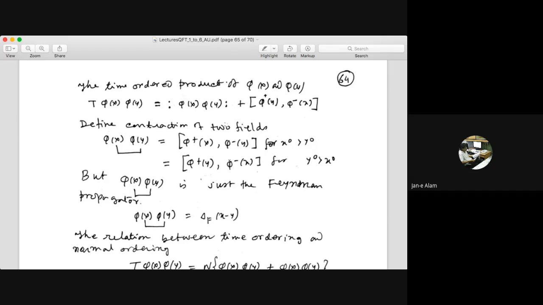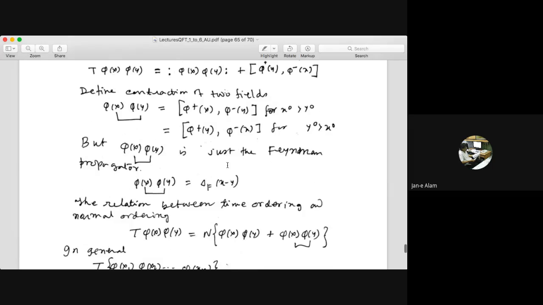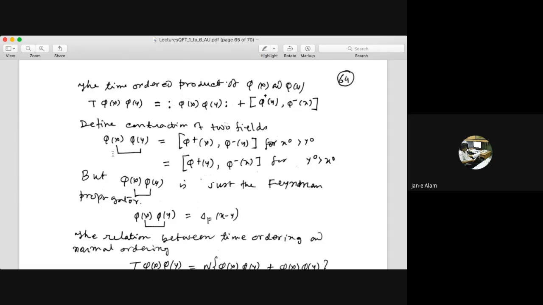You can follow similar steps and show that for y naught greater than x naught, it should be phi plus y and phi minus x. This is obvious, just y and x will be exchanged. Now what I will define in this phi x phi y, this sign here, sometimes this sign is also put above.